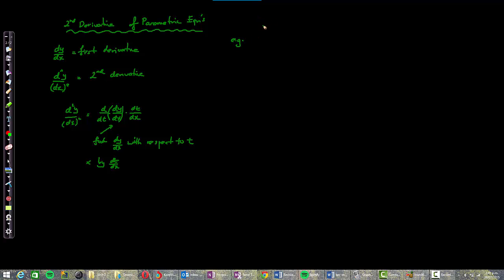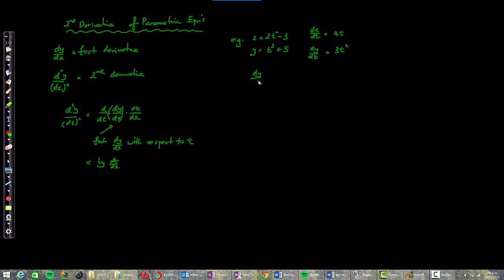Okay, so let's say we had x is equal to 2t squared minus 3, and let's say y was equal to t cubed plus 5. Okay, let's get our first derivative. So dx over dt would be 4t. dy over dt would be equal to 3t squared.